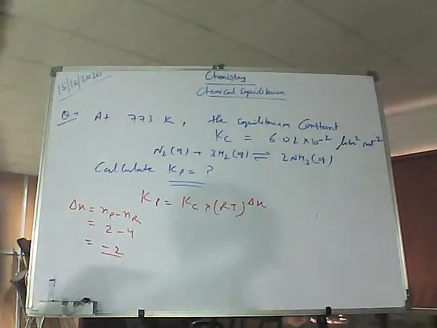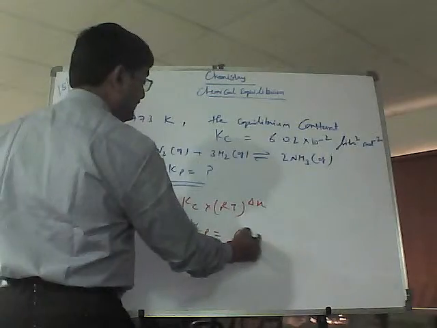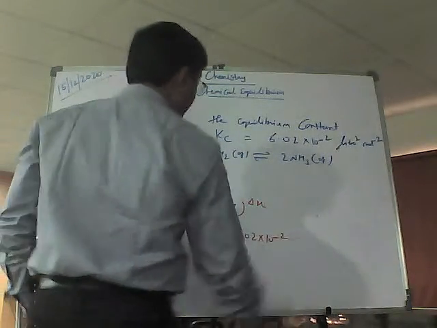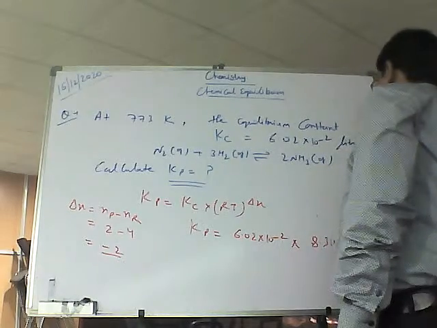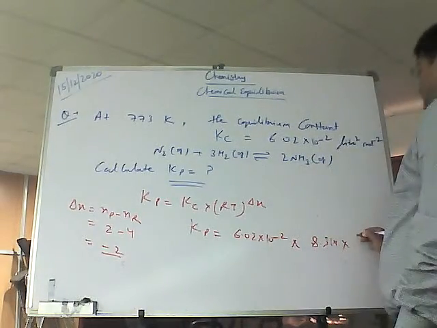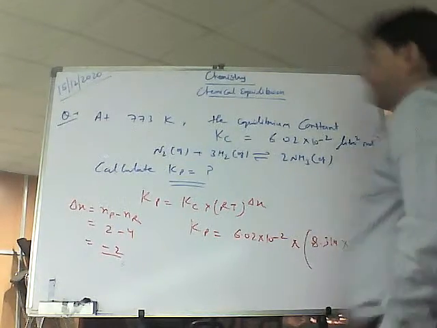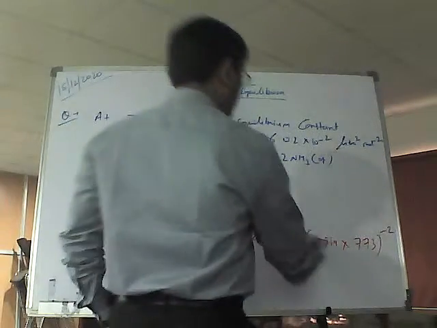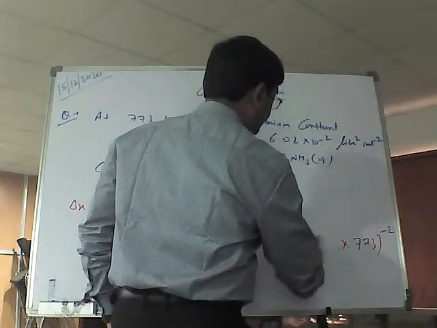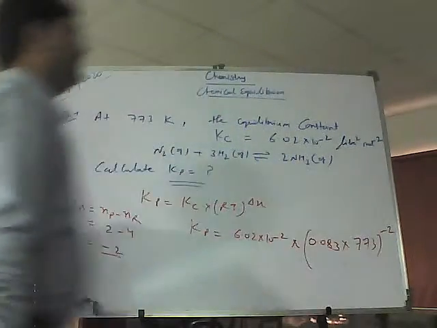Okay, put in the values. If you put in the values, Kp is equal to, what is the value of Kc? 6.02 into 10 to the power -2. Then what is the value of R? 8.314 into temperature 773, and what is the value of delta x? It is -2. Wait a minute, the value is given in liters, so the value of R will be 0.083.